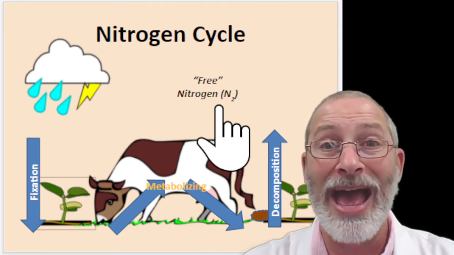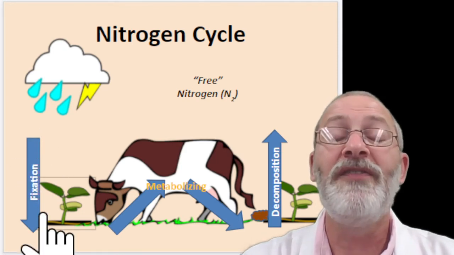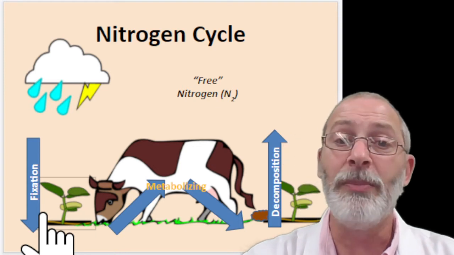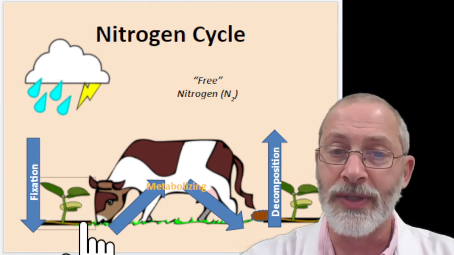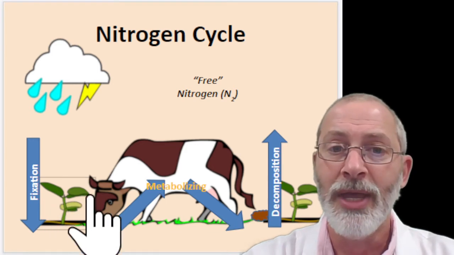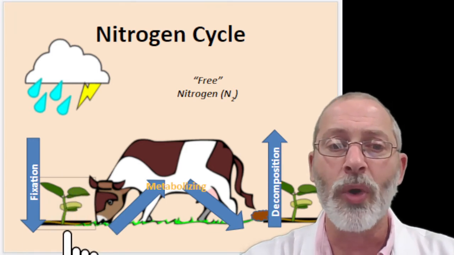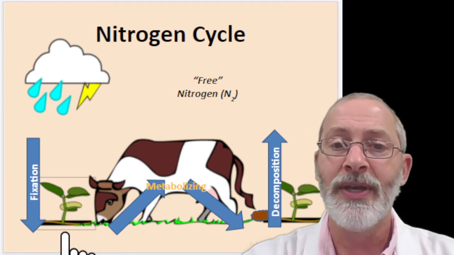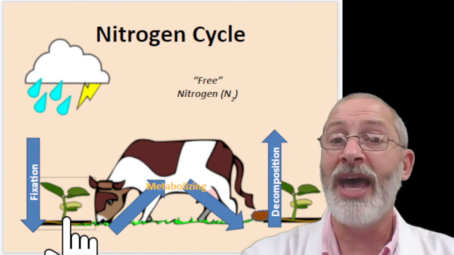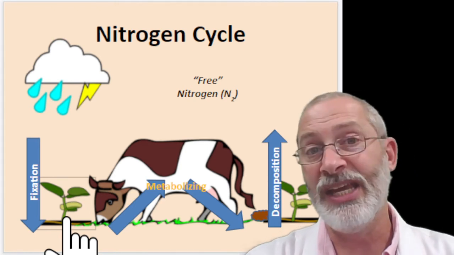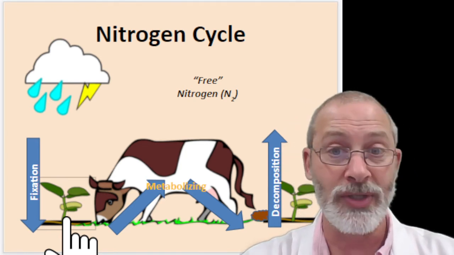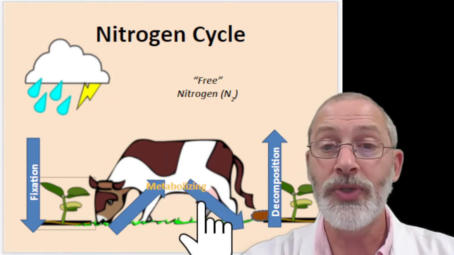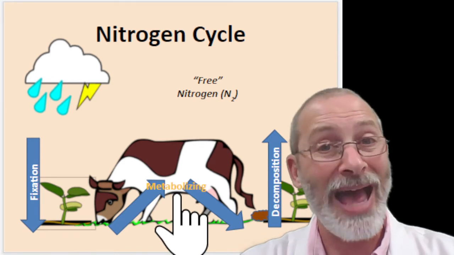Something has to happen, and that is called fixation. Not that nitrogen was broken in the first place, but it has to be fixed by organisms that are capable of doing so. We're going to be talking about those organisms, namely bacteria, on the roots of certain plants. Those plants take the nitrogen and fix it in amino acids, certain chemicals in the plants that are eaten by animals such as cows, and it undergoes metabolism.